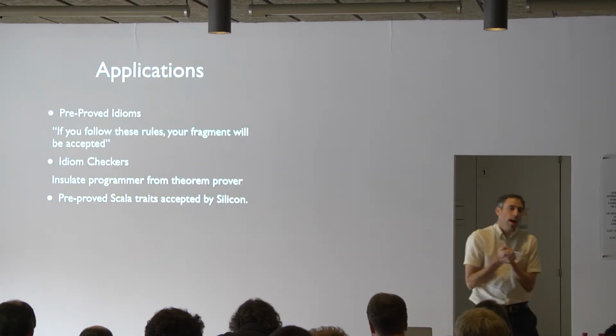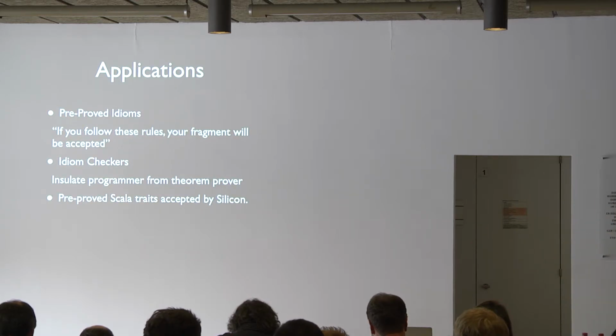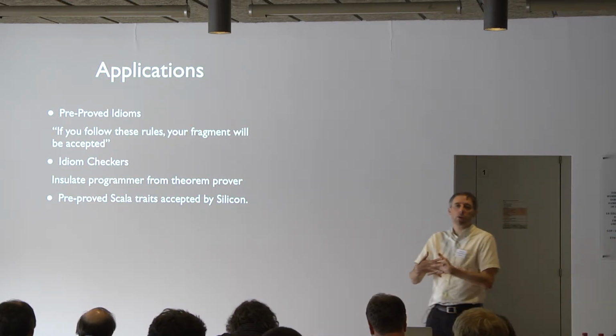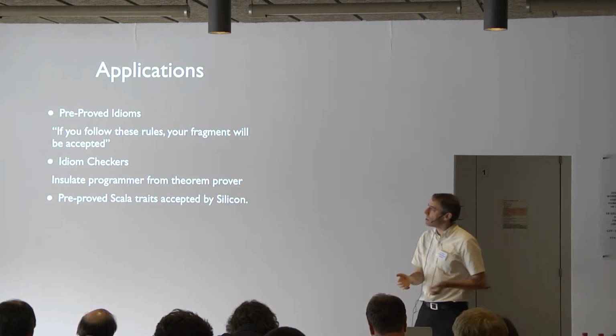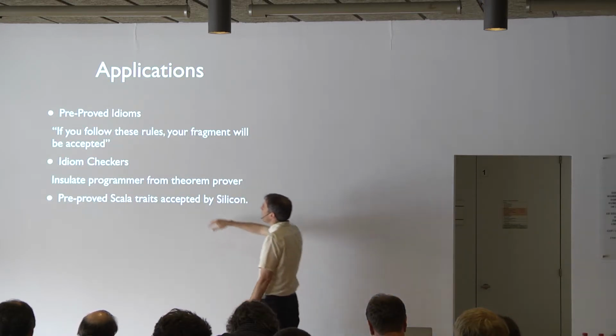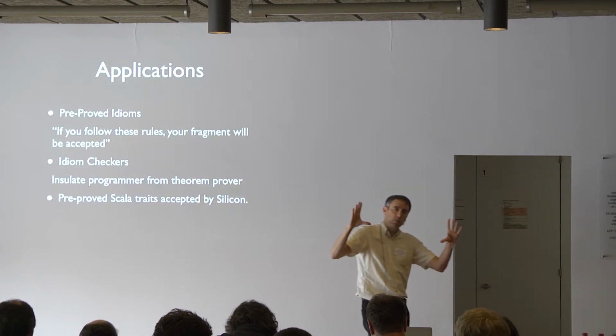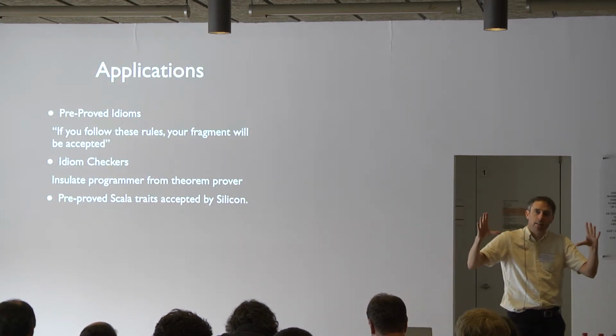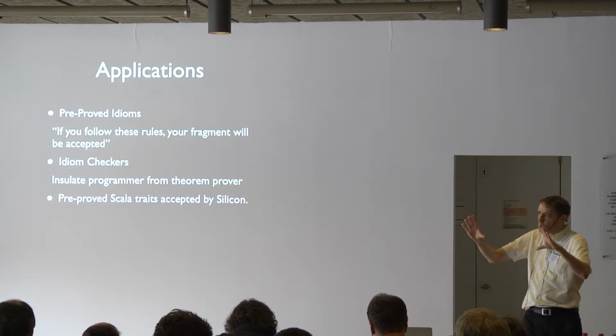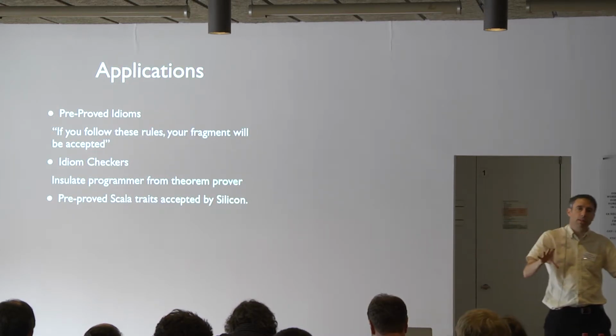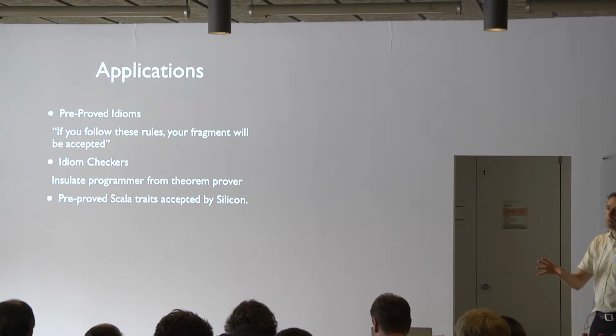So if we want to apply these ideas of proof reuse to a particular system, say Boogie or maybe SIL, one way you can help insulate the programmer from some of these low-level systems is to have pre-approved idioms with an idiom checker. An idiom will say that as long as you follow these particular rules, that are maybe more restrictive than fully necessary, then the low-level system is guaranteed to accept what you do.